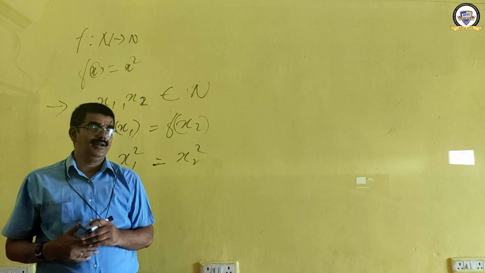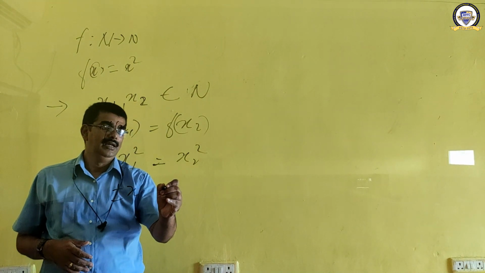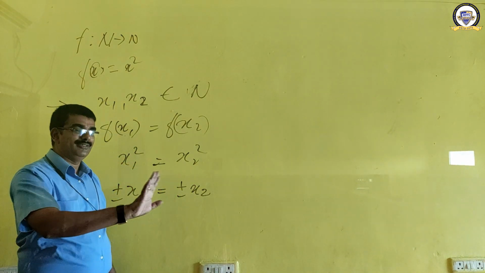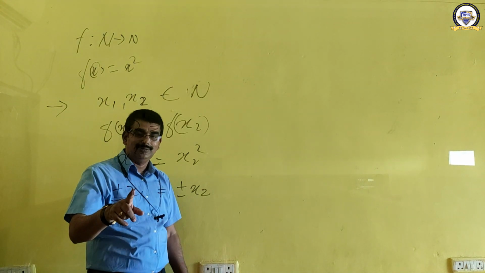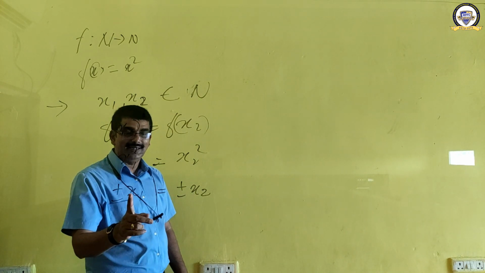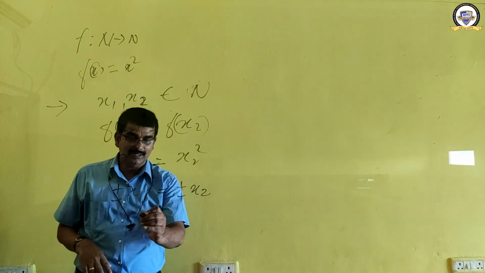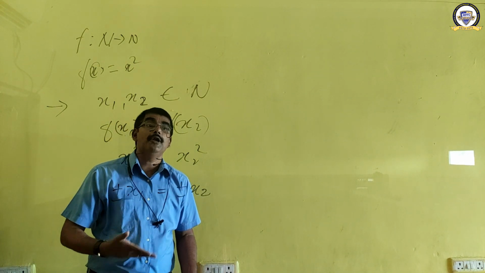Now x1 square is equal to x2 square. Square root you can take. So plus or minus x1 is equal to plus or minus x2. Now what can we say? x1 may be equal to minus x2, and minus x1 may be equal to plus x2. So it is not necessary that x1 should be equal to x2. It may be equal, it may not be equal.